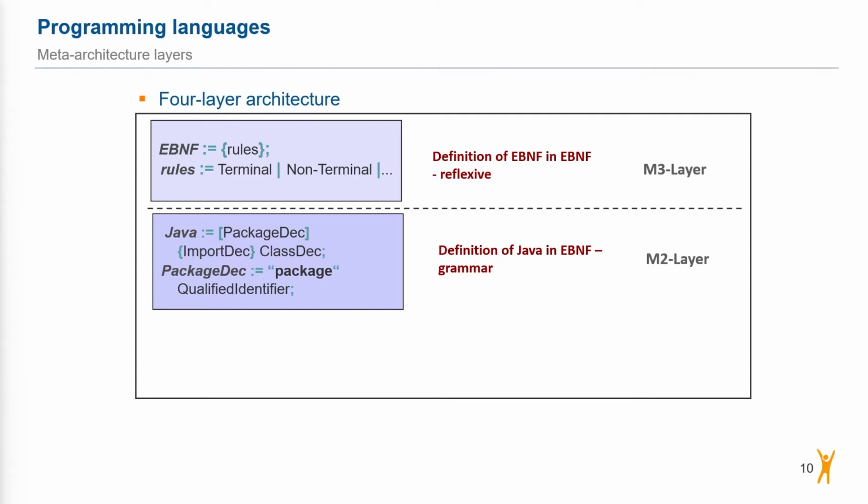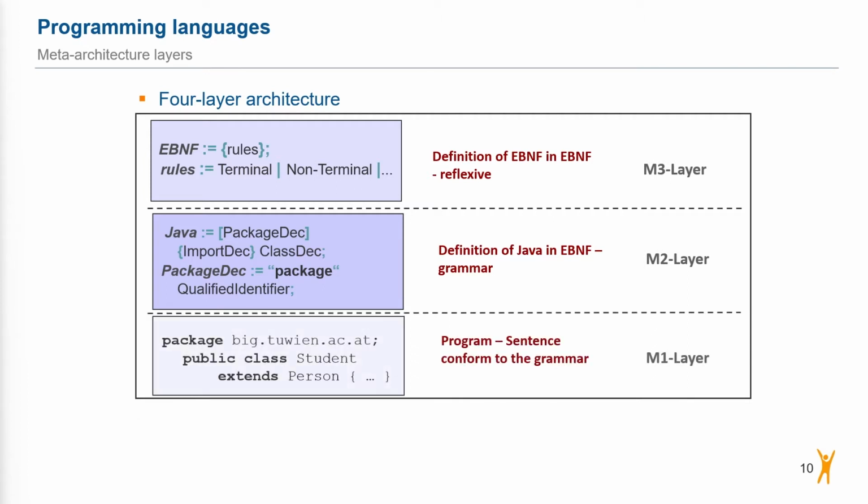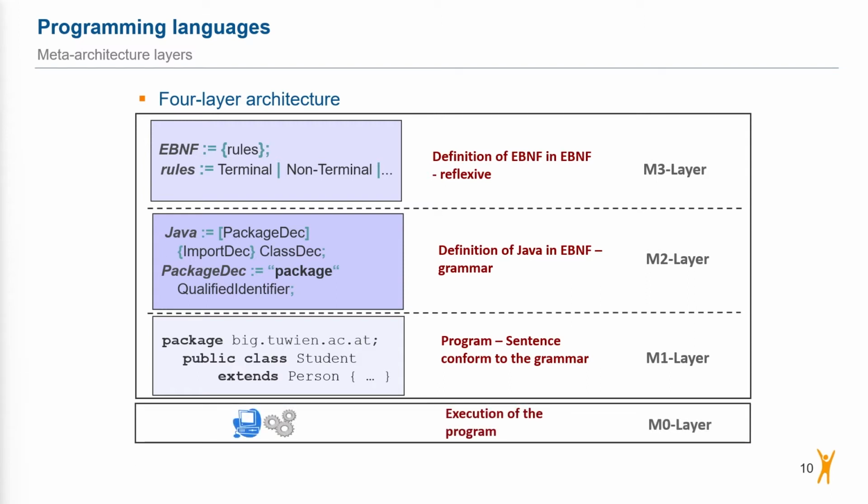In this example, we used Java as a language, so we define a Java grammar using EBNF as a specification formalism, and we define the grammar of the Java language. On the M1 level, we can then define concrete programs using the grammar of Java that we have introduced on the M2 level. So here you again see how this EBNF specification can be mapped into the meta hierarchy that we introduced for the modeling domain in the last lecture. And this bridges and shows what we can then see.